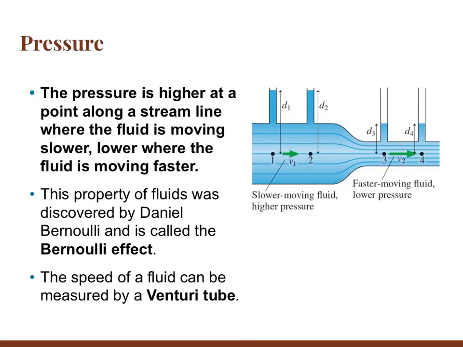So what you need to know here is that pressure is higher where fluid is moving slower. Pressure is lower where fluid is moving faster. That is the thing called the Bernoulli principle or the Bernoulli effect. And here in a minute, it's going to lend itself to an equation.